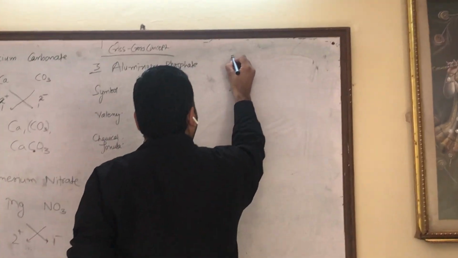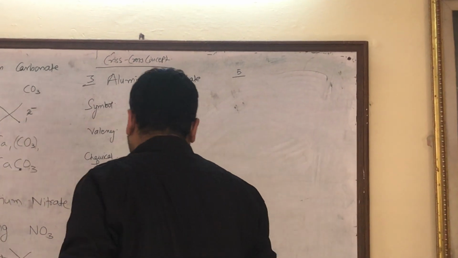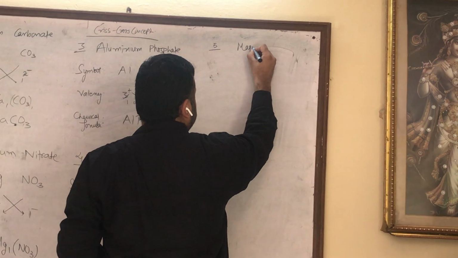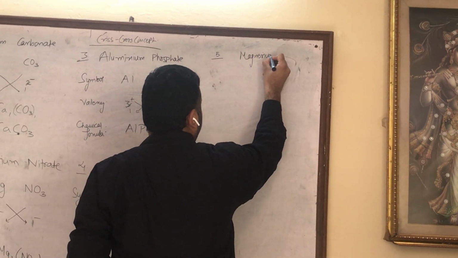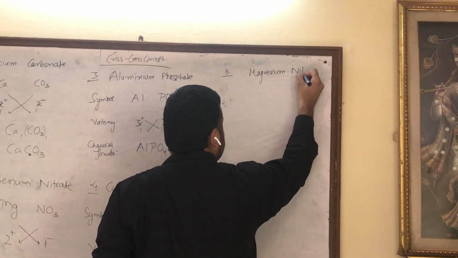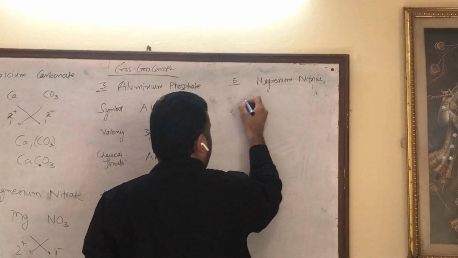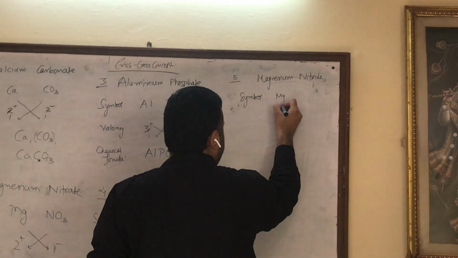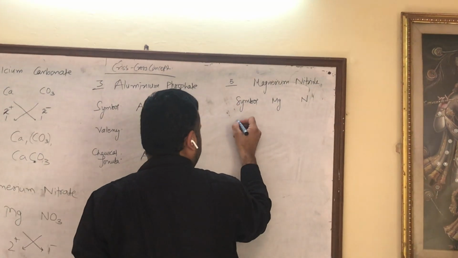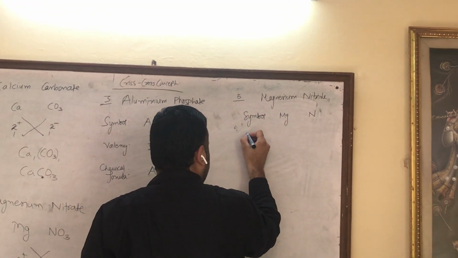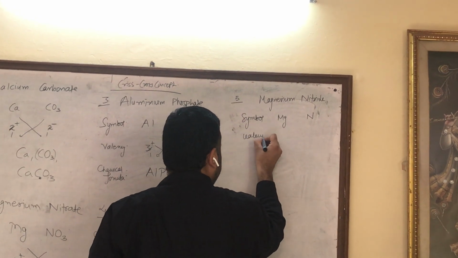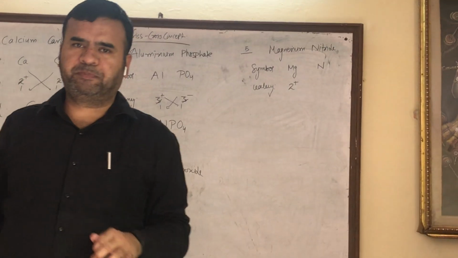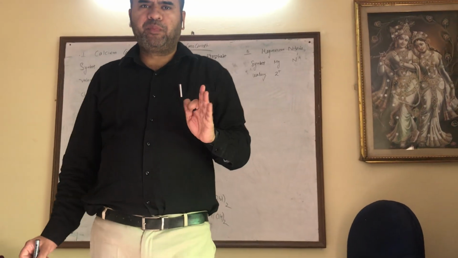Now question number 5. Magnesium nitride. Sometimes this is a very famous formula. Symbol of magnesium is Mg and nitride is capital N, nitrogen for nitride. Valency: magnesium is atomic number 12, electronic configuration 2, 8, 2, valence electrons 2.